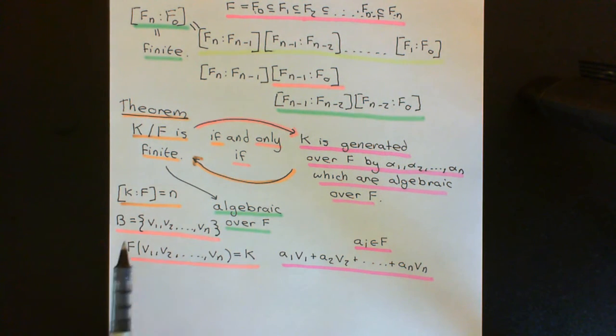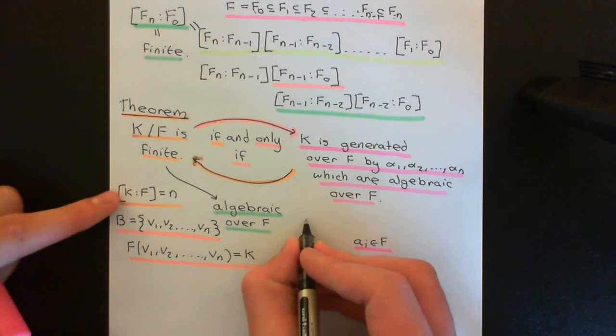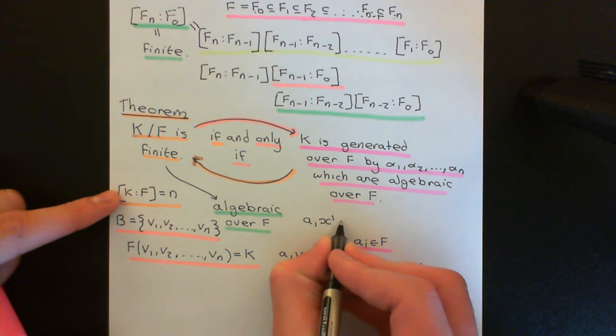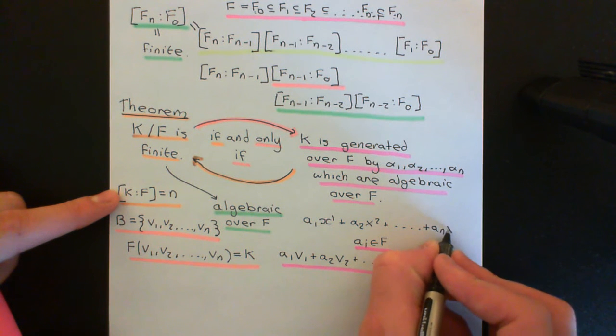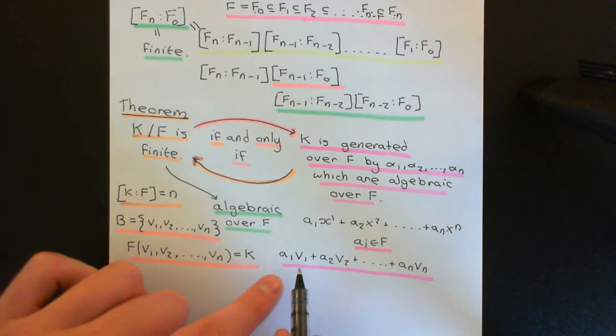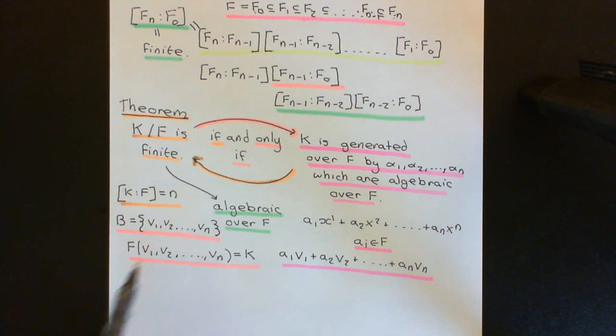But I know that all the elements of the larger field extension K can be written in this form because these are a basis, a basis over the field F for the field extension capital K. So that means that these polynomials, a1 x1 plus a2 x2 plus all the way up to an xn, when evaluated at v1, v2, all the way up to vn, will give me every possible element in the field capital K, because I will get all these linear combinations that have to span the entire field extension capital K.